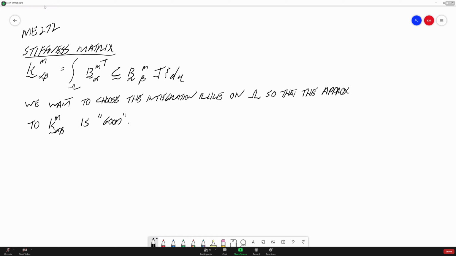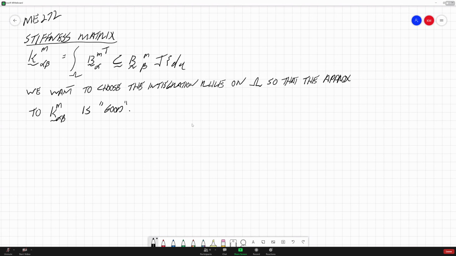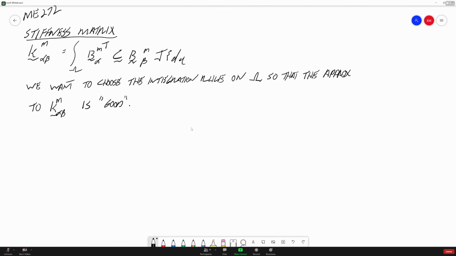So we want to try to integrate this as best as we can. That's essentially what this is saying. It's kind of like, of course you want to do that. That should be our goal. But it's kind of setting yourself up for expectations that you're not going to integrate it perfectly. It's going to be an approximation with error associated with it. So you're not getting an exact solution.